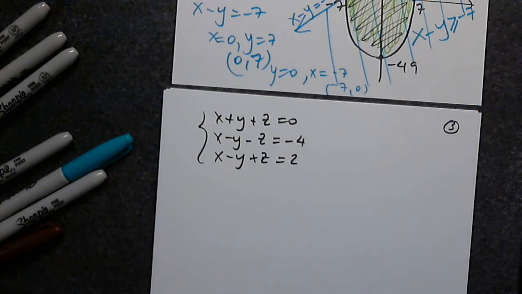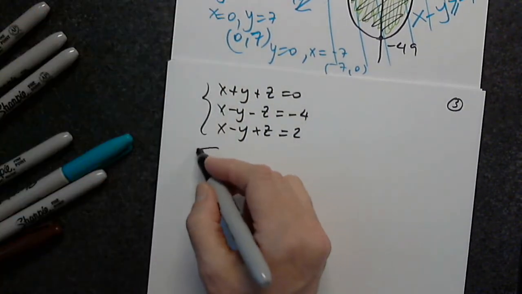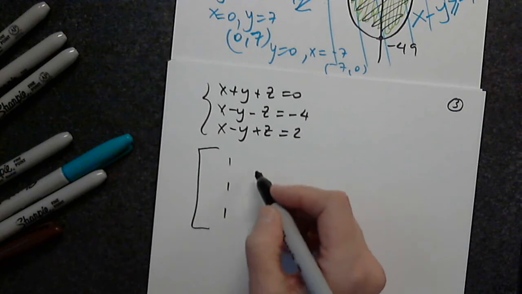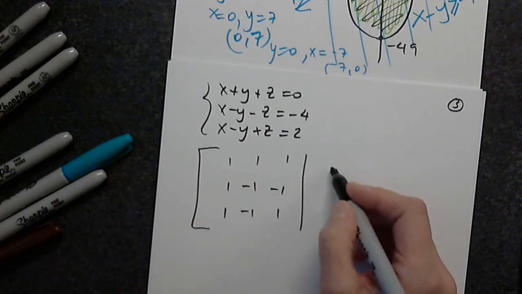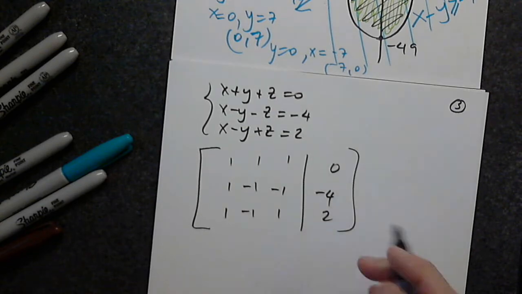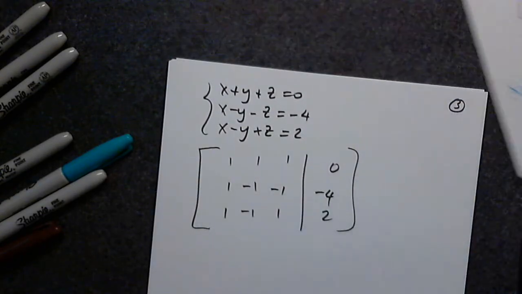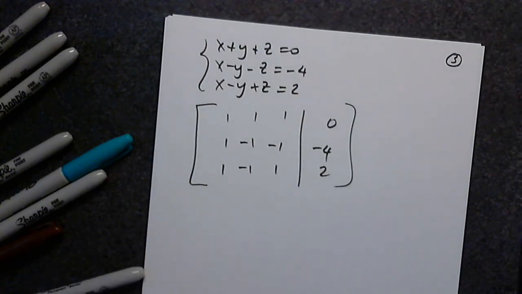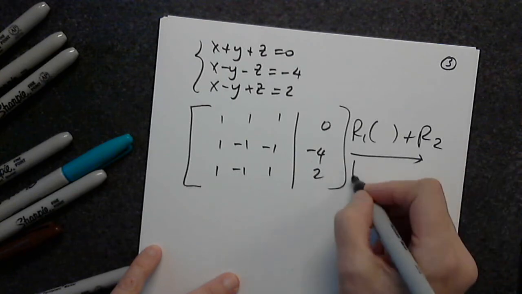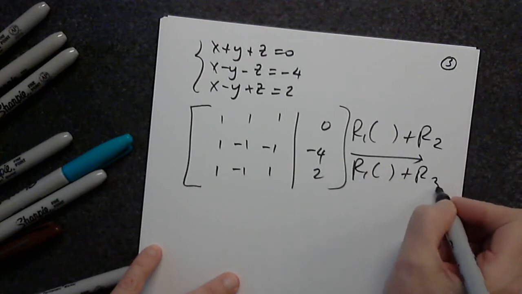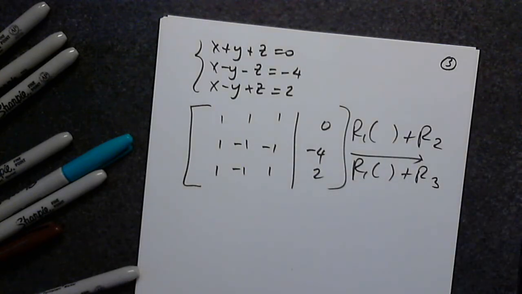Okay, so we are working on the augmented matrix that we have, which is 1, 1, 1, 1, negative 1, negative 1, 1, negative 1, 1, 0, negative 4, 2. So we multiply the first row to add it to row 2 and row 3.